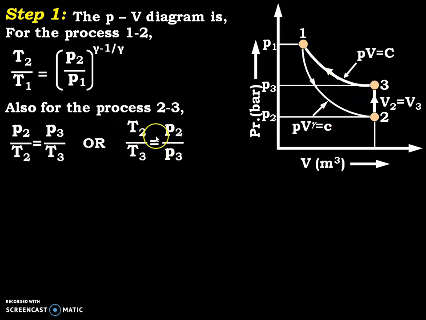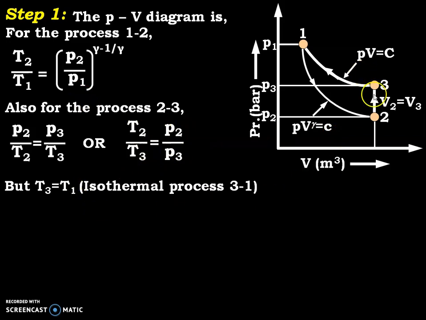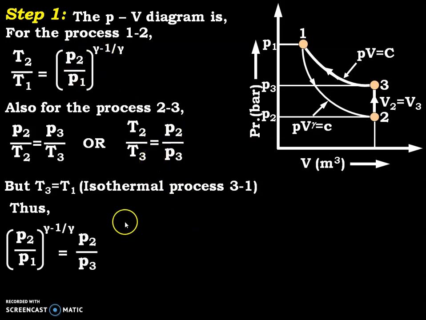So we can write in this form, T2 by T3 equals P2 by P3. And we know that the third process is isothermal, so T3 equals T1. Whenever T3 is there, we can put T1. So here it will be T2 by T1 equals P2 by P3. So we can put P2 by P1 raised to gamma minus 1 upon gamma equals P2 by P3.